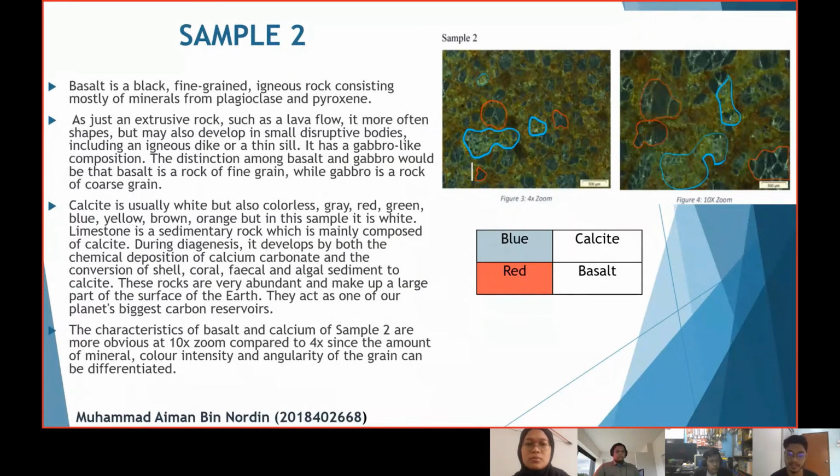They act as one of our planet's biggest carbon reservoirs. The characteristics of basalt and calcite in sample 2 are more obvious at 10 times zoom compared to 4 times, since the amount of mineral, color intensity and angularity of the grain can be differentiated.